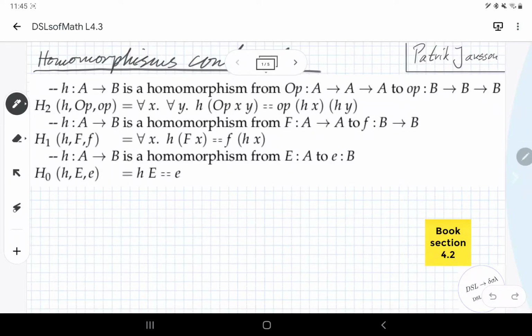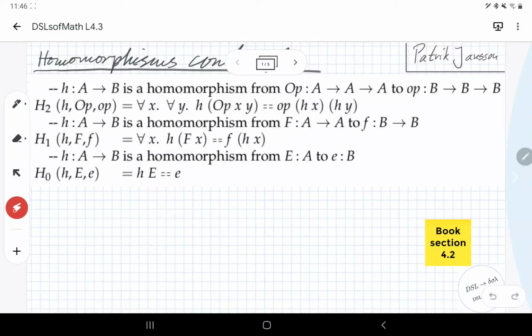So we have already mentioned three individual predicates, h2, h1, and h0. They all talk about when a certain function h is a homomorphism from one operation to another, or from one set to another.